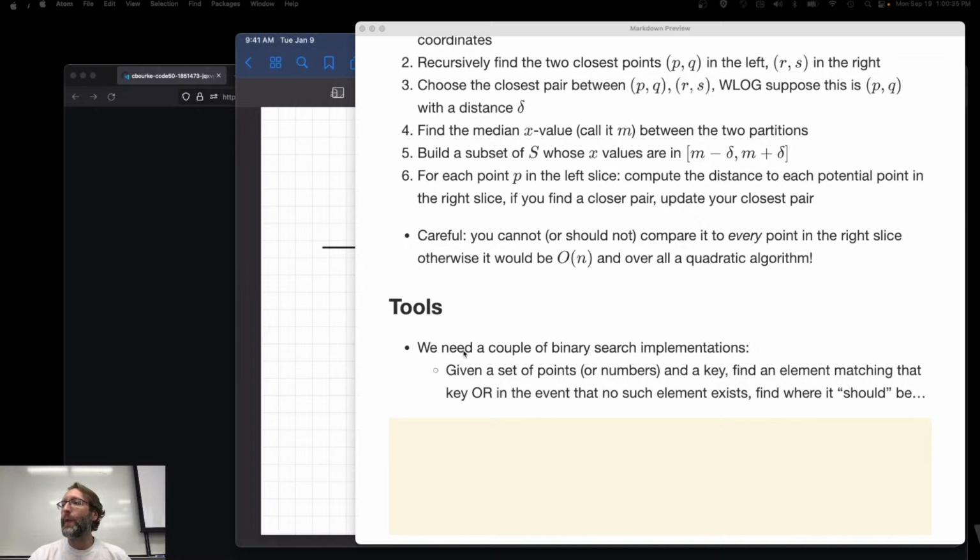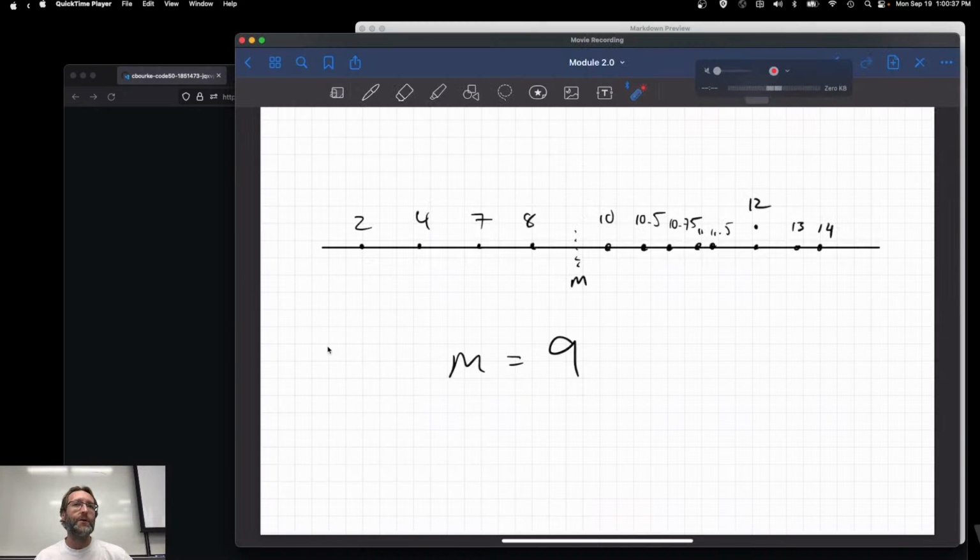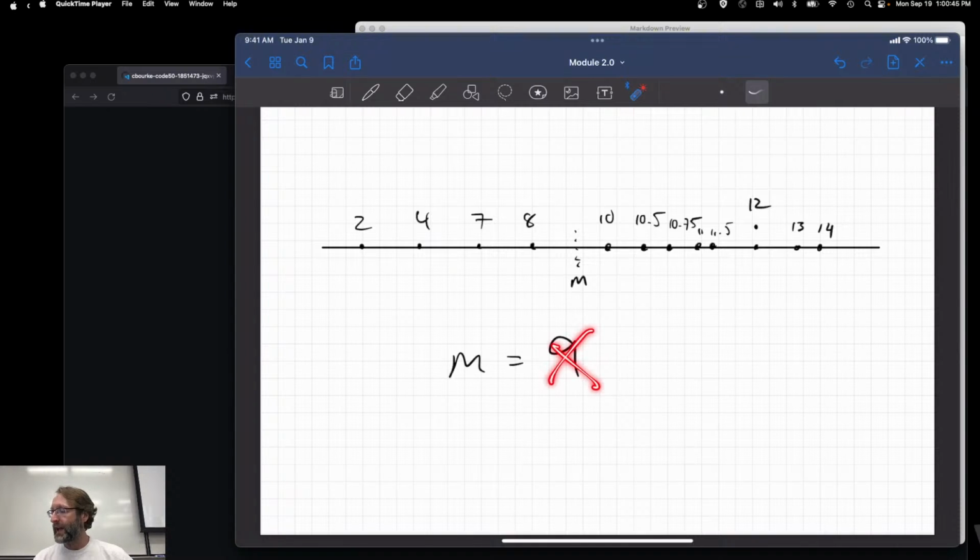Now, why do I want that? I want this cutoff. And I chose 9 judiciously here because I knew that it was something not in the set. If my cutoff here was 10 instead, then I'd find this and go, okay, well, there's my cutoff. Right? And I split everything over here and everything over here, although I need to decide, is my cutoff over here or is it over here? So I either need to find that cutoff, or failing that, I need to find where it should be.